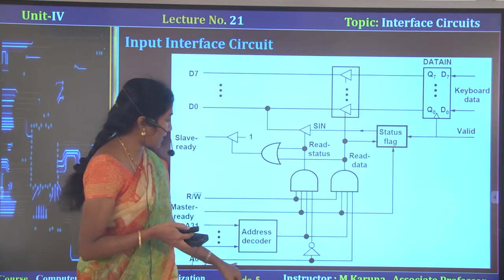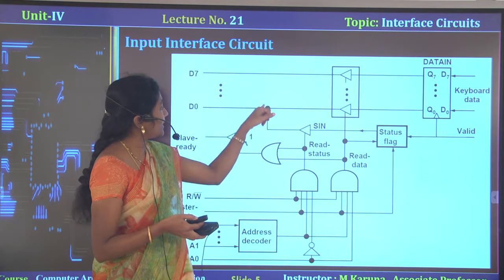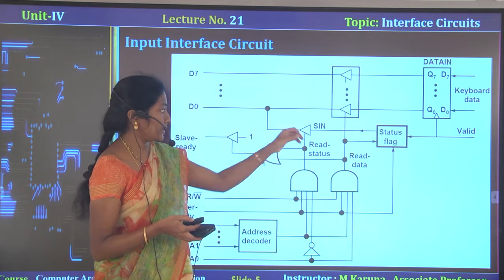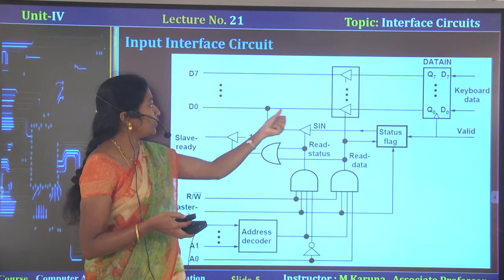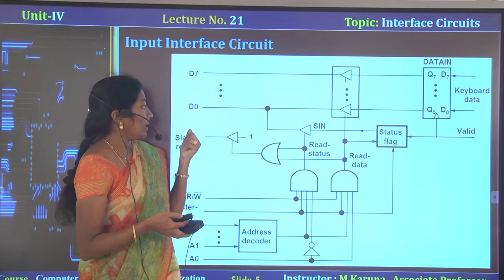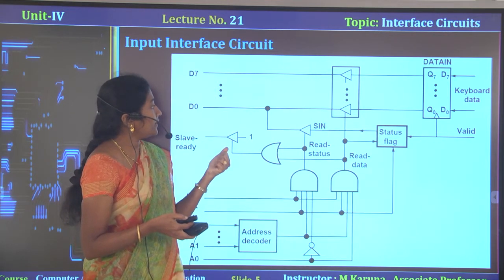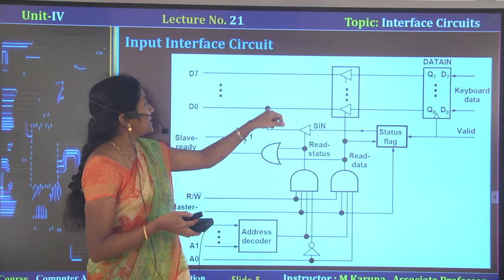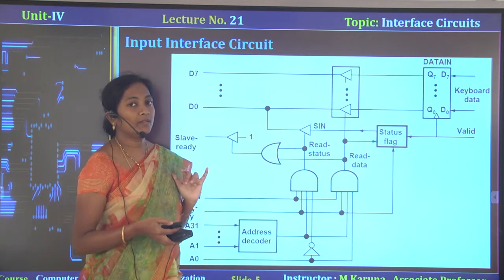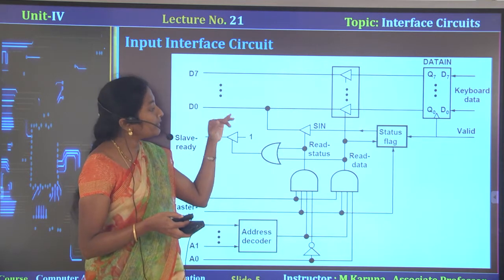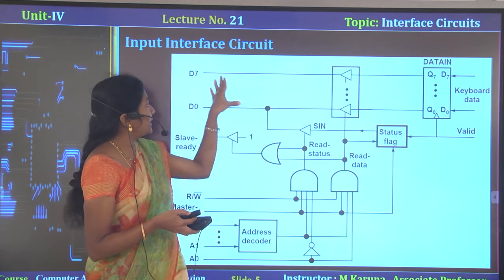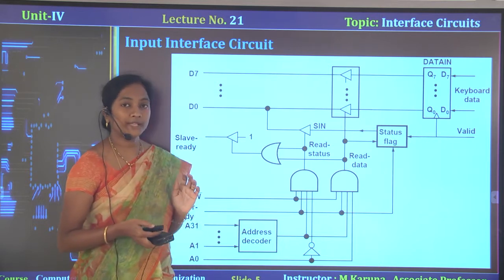A0 determines whether the D0 line is connected to the SIN bit. The processor reads the status bit through the D0 line, and after that reads the data D0 to D7. First the processor reads the status bit through the D0 line. After some time, the data is read by the processor through D0 to D7.